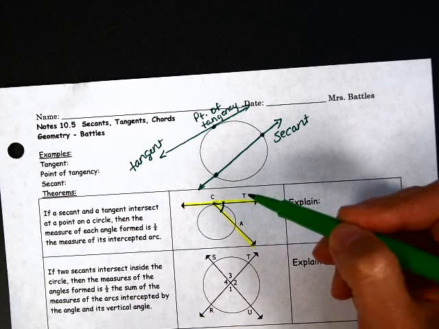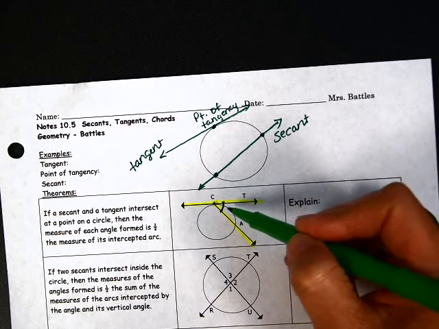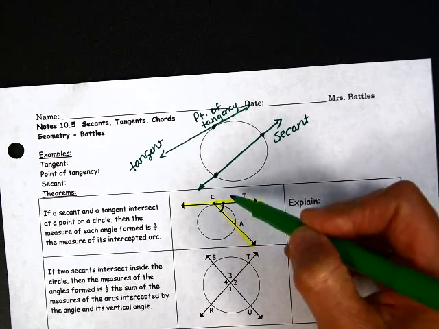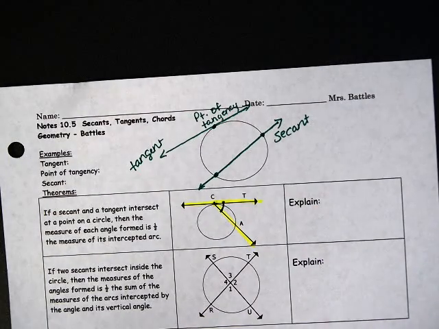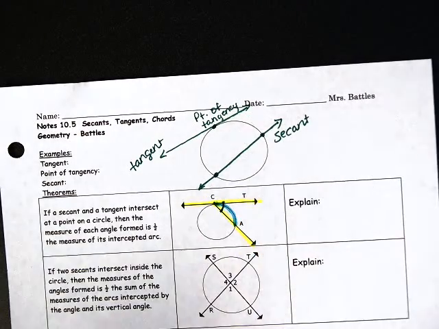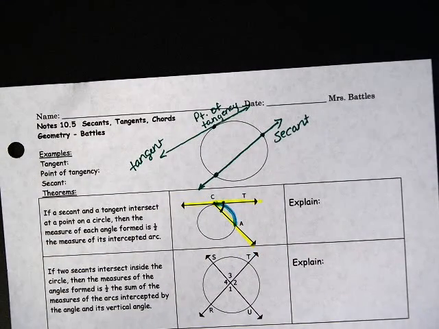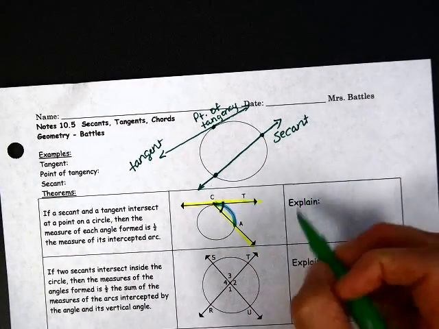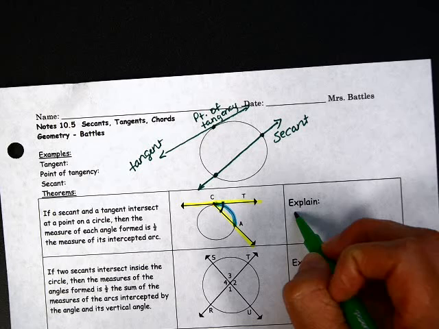So here's an angle that's been formed. It is half the measure of the arc that's been intercepted. So I'm going to trace arc AC so you can see what's been intercepted. To explain this, we're going to call this angle TCA.